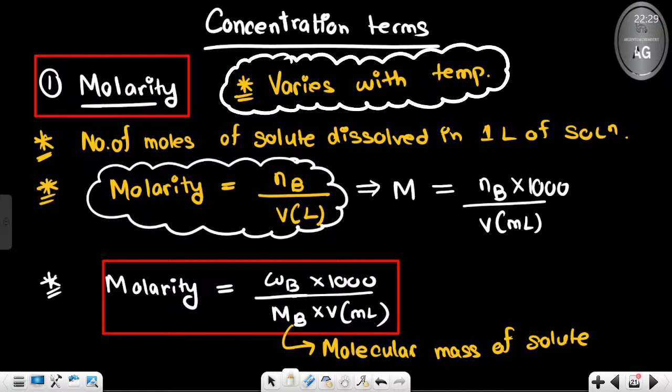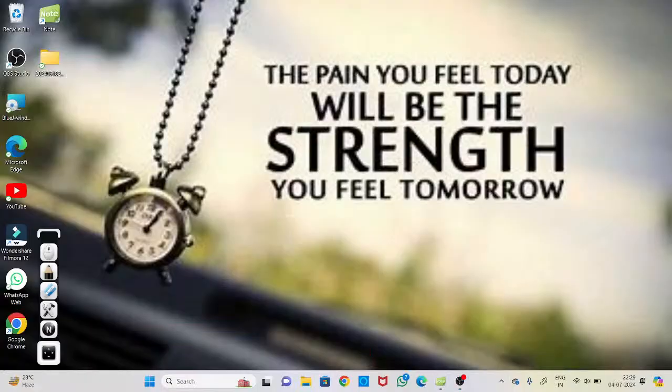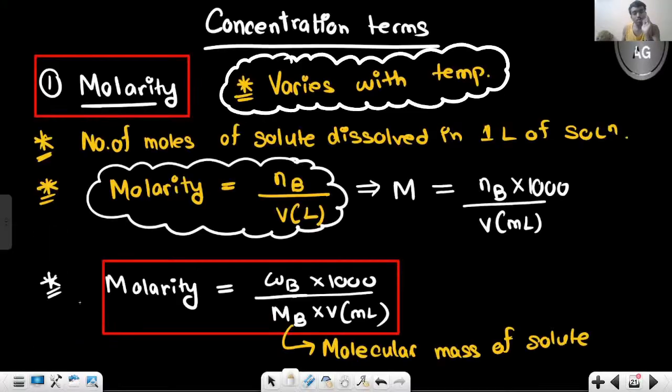So M can be written as NB into 1000 divided by V in ml. Expanding NB, we get WB by MB and 1000 divided by volume. I discussed all this in the last class. I am just giving a summary of that.